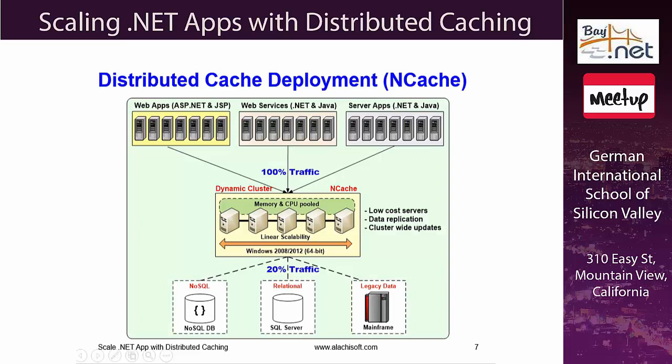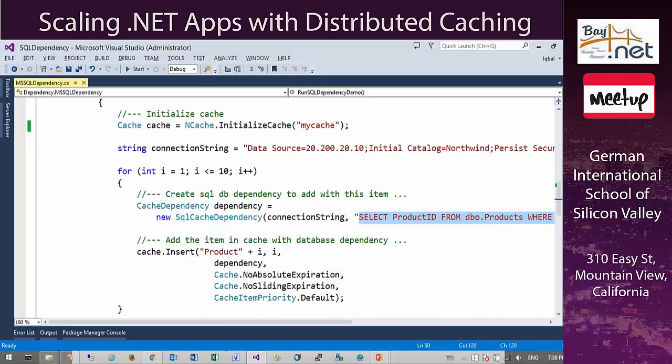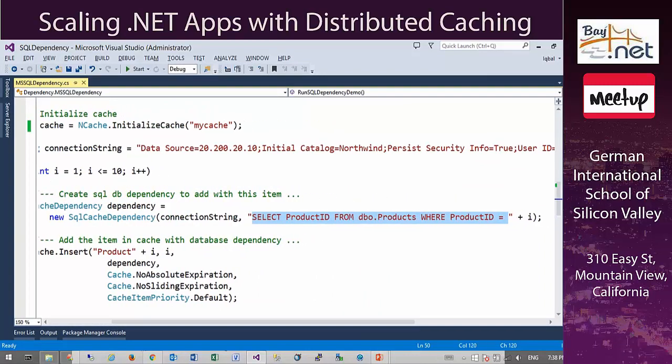So the application tells the cache, add this item with the SQL dependency. The cache issues a SQL cache dependency against SQL Server, and now becomes a client. So SQL Server monitors this data set, and if this data changes, SQL Server sends an event notification to its client, which happens to be NCache.